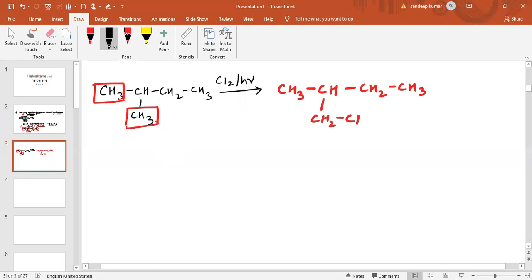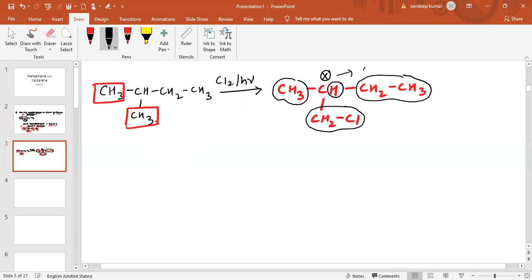Now see, this carbon is basically a chiral carbon. How is this a chiral carbon? On this carbon, one CH3 is there. On this carbon, there is CH2, CH3. On this carbon, there is CH2Cl. And also on this carbon, there is hydrogen. When 4 different groups are attached on the carbon, this carbon is basically the chiral carbon.